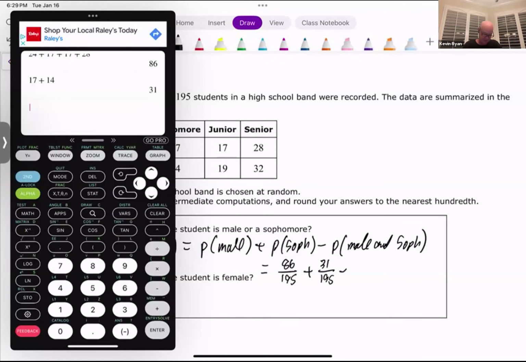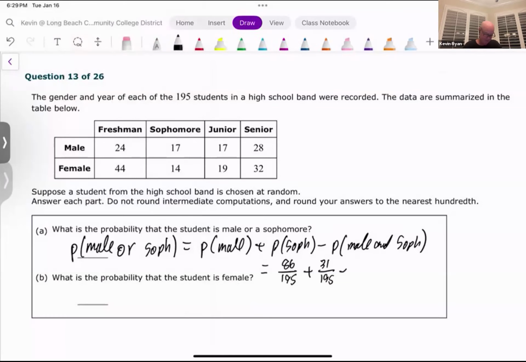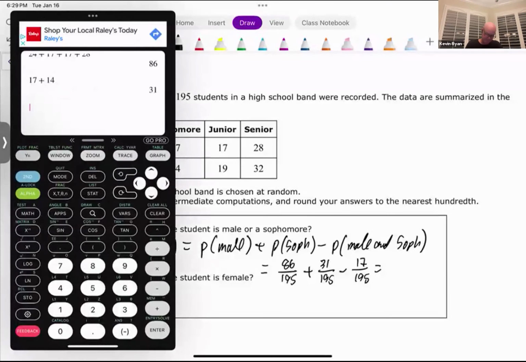Minus the male sophomores. How many male sophomores are there? There's 17. And nearest hundredth, 0.51.